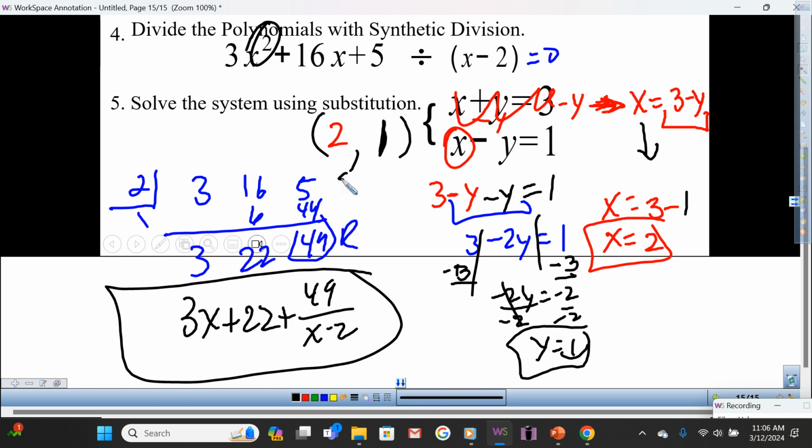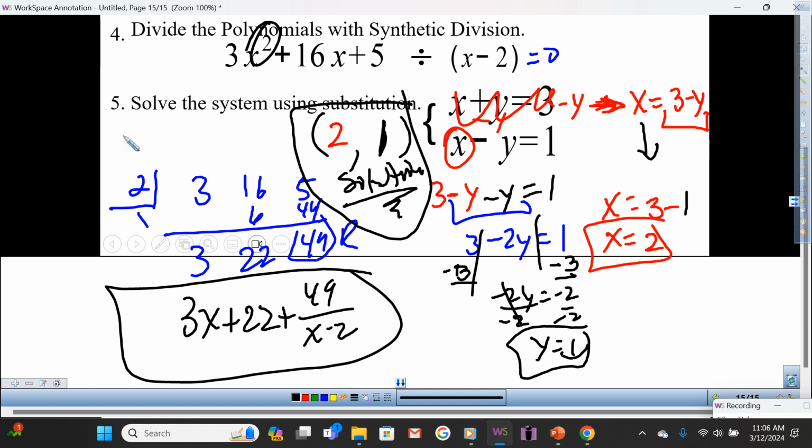Remind your neighbor what this solution means. What does that solution mean? Jay, pass someone. What does that solution mean? Brandon? Felix, what does this solution mean?